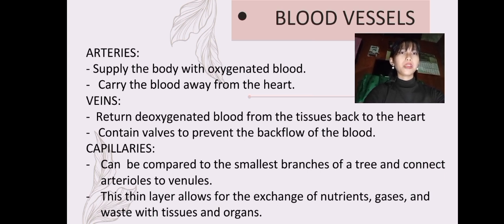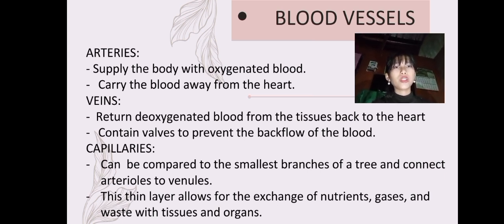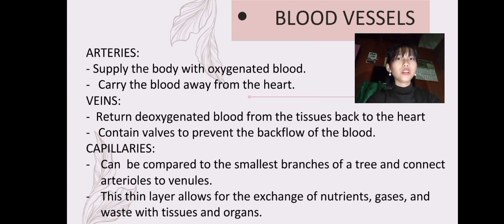Capillaries can be compared to the smallest branches of a tree and connect arterioles to venules. This thin layer allows for the exchange of nutrients, gases, and waste with tissues and organs. Here are the pictures of the blood vessels.